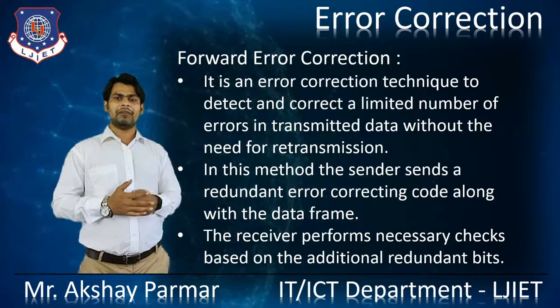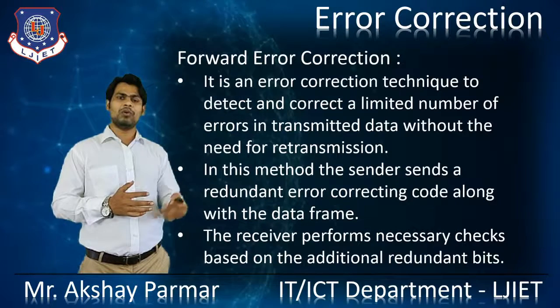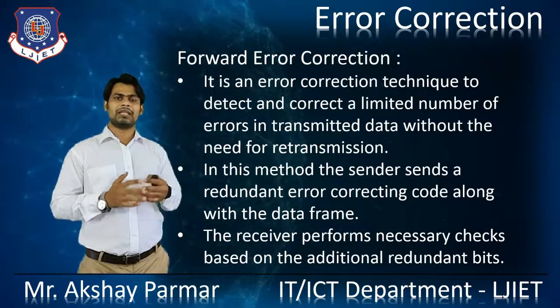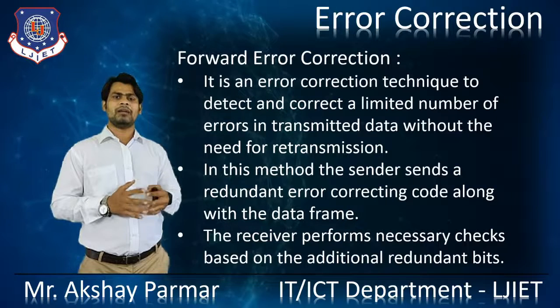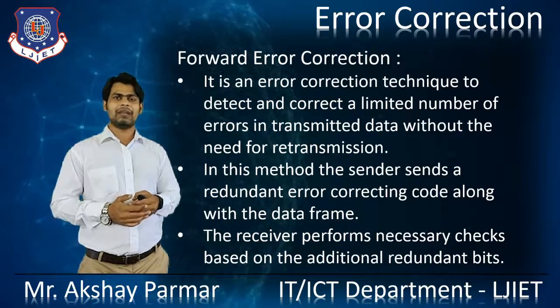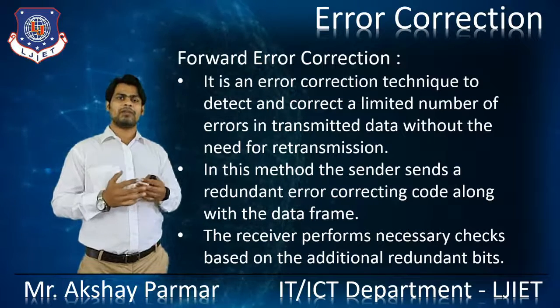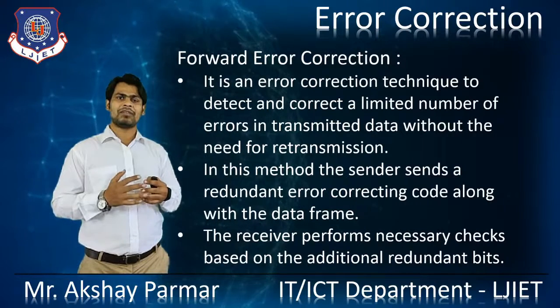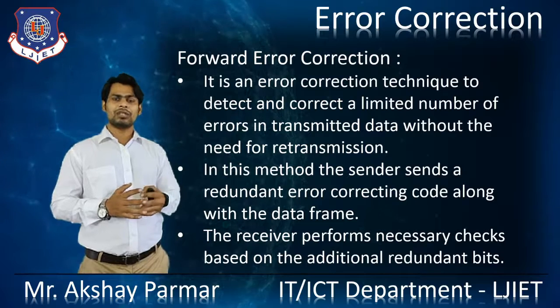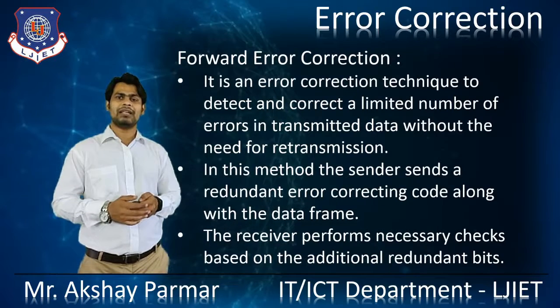With the help of that redundant error correcting code, the receiver performs the necessary check to see if an error is there or not, and if the error is there, it applies the error correction methods and gets the original data which was sent by the sender.